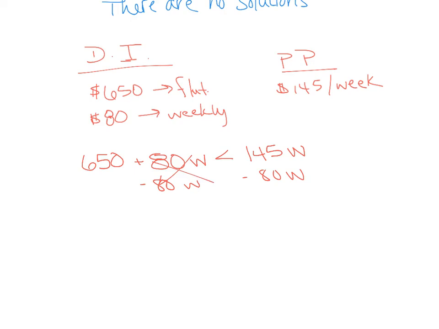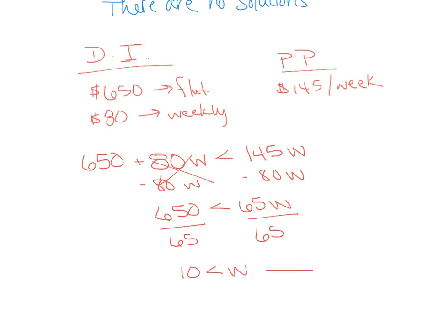These cancel, and we are left with 650 is less than 65W. Divide by 65. And we get 10 is less than W. Or if you're going to graph that on a line, you would have W is greater than 10.